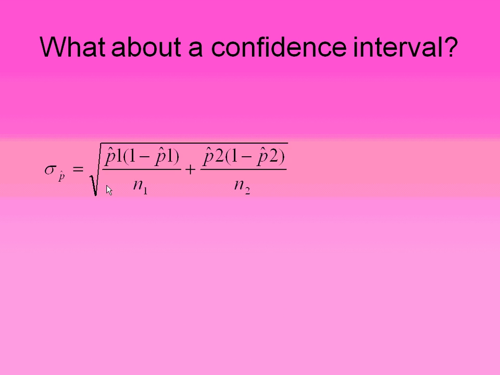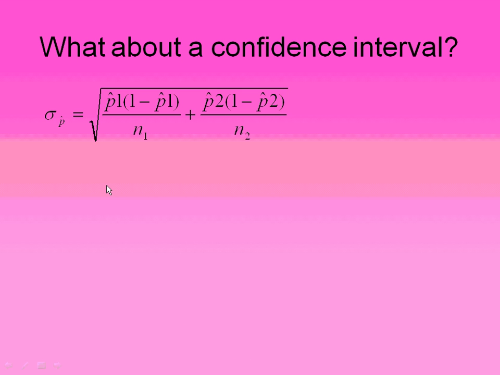In a confidence interval, the changes we make are to use the actual p hat 1 and p hat 2, males and females, because remember, we're not assuming we know the proportions are equal. So all we have to work with is our sample proportions. So we would use those in our standard deviation.